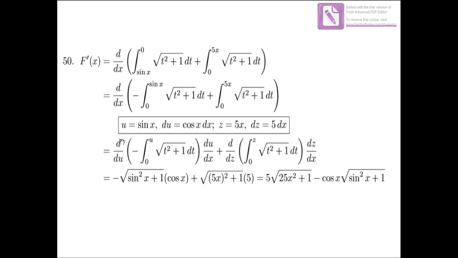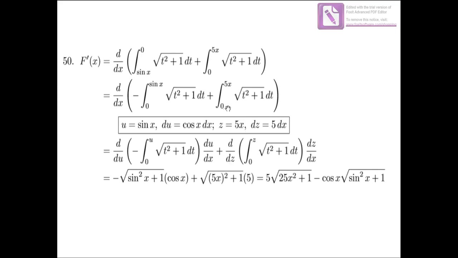So again, if you use the substitution, u equals sine x, du equals cosine x dx. For this one, if you assume z equals 5x, that means dz equals 5 dx. So now you replace d over dx by d over du multiplied by du over dx, and you replace sine x by u, so we get minus the integral of root of t squared plus 1, where t is from 0 to u, multiplied by du over dx, plus.